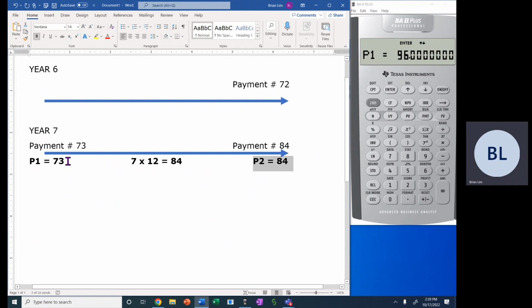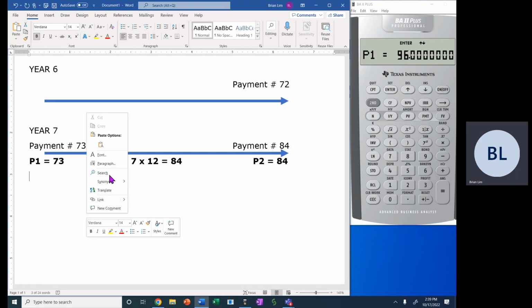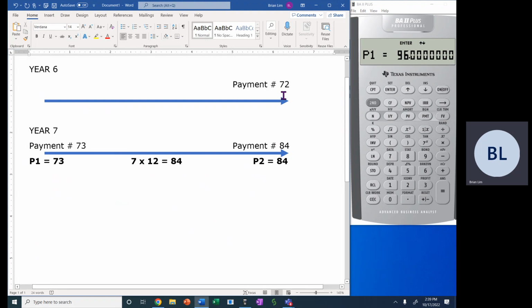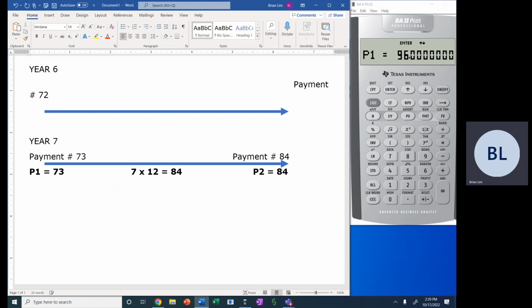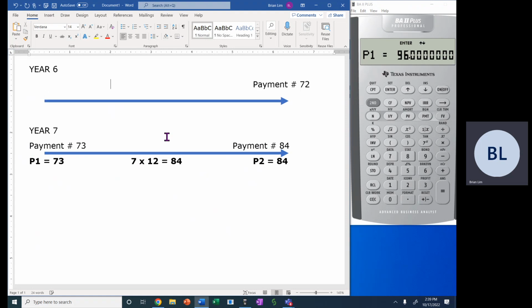Now this one is the one that we have to be careful about. At the end of year 6, it will indeed be payment number 72. Why? Because if we do 6 times 12, it will give us the 72 that we see right over here.